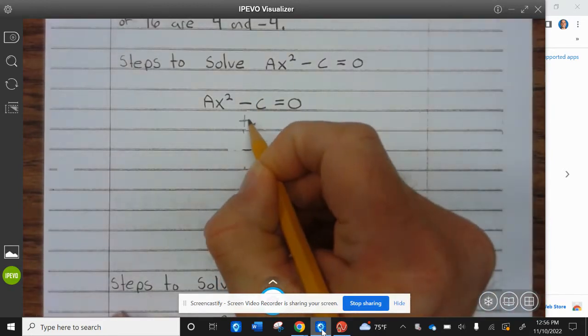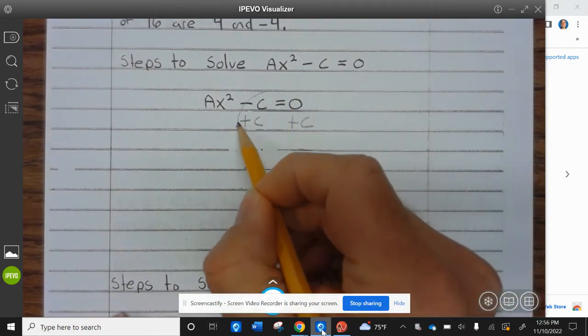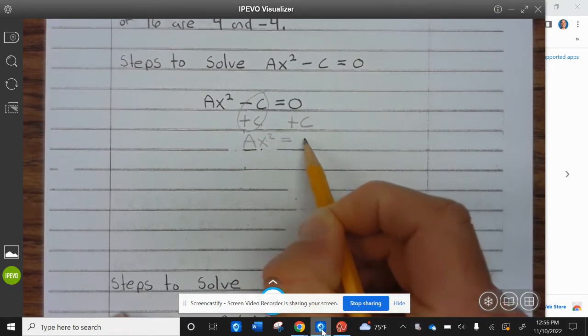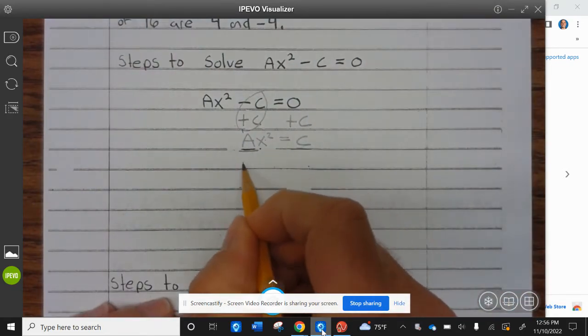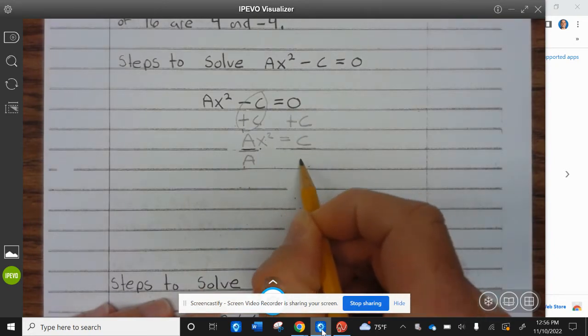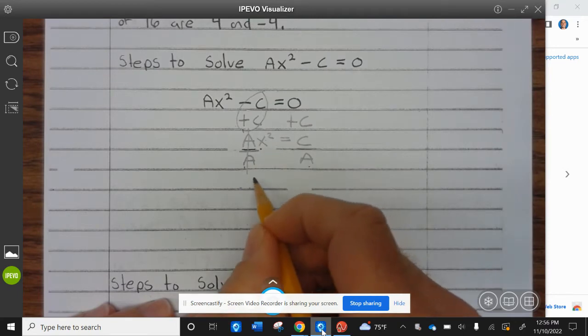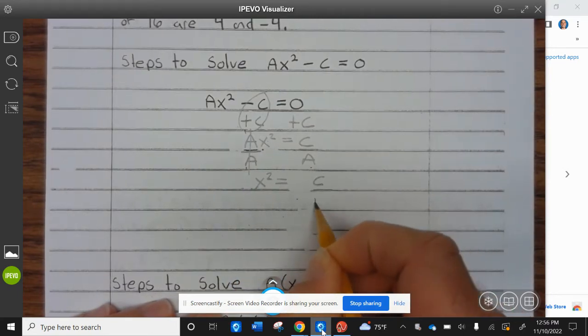So we're going to add c to both sides. Negative c plus c is 0. You get ax squared equals c. Divide both sides by a. A divided by a is 1. You have x squared equals c divided by a.